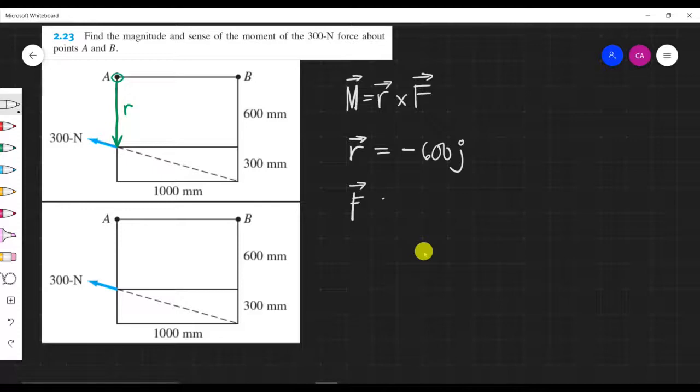Next, si vector F. Si vector F is walang angle, pero meron siyang direction vector. Ito yung direction vector. Yung 300, tsaka 1,000.